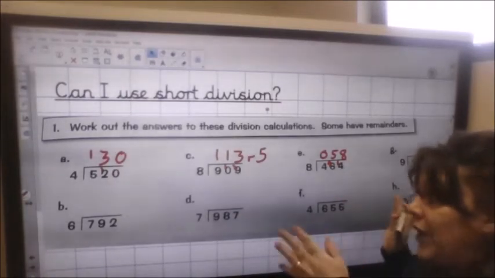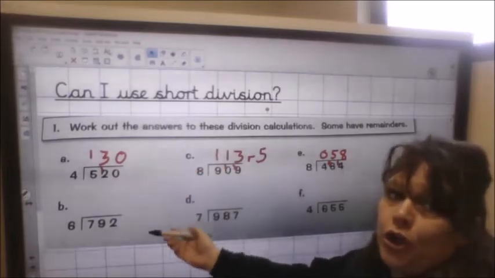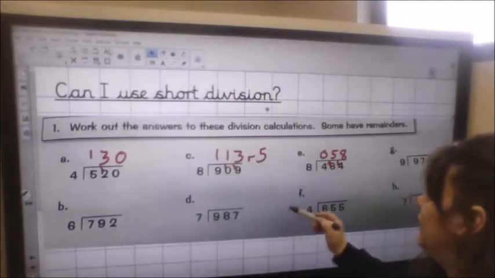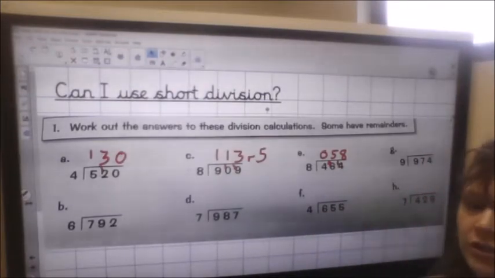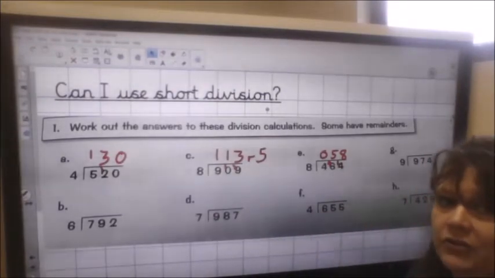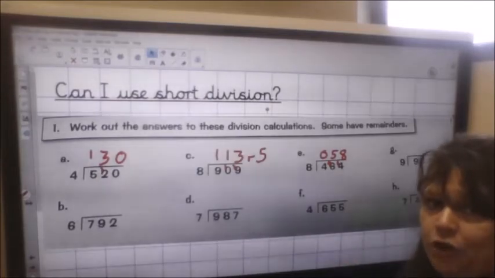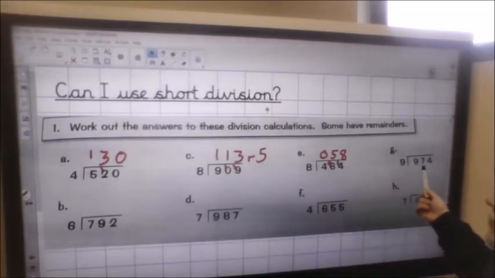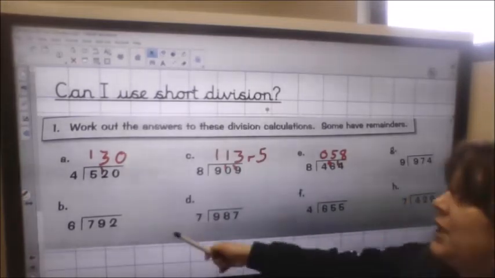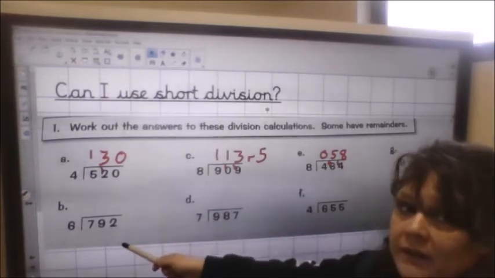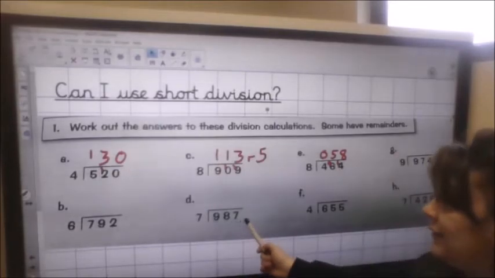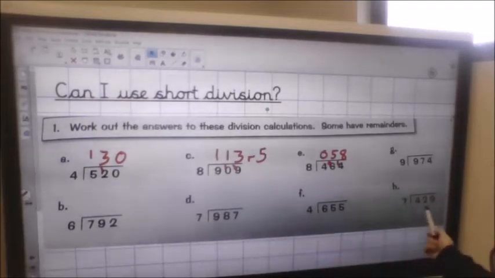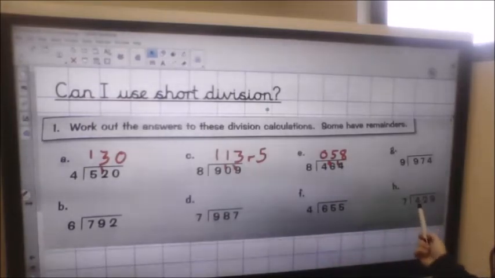Okay, so you're going to work your way through in your purple book, having a little look at those questions, and then we'll have a little look together and see if you've got them correct. Okay, so you've got 974 divided by 9, 792 divided by 6, 987 divided by 7, 655 divided by 4, and finally 429 divided by 7.